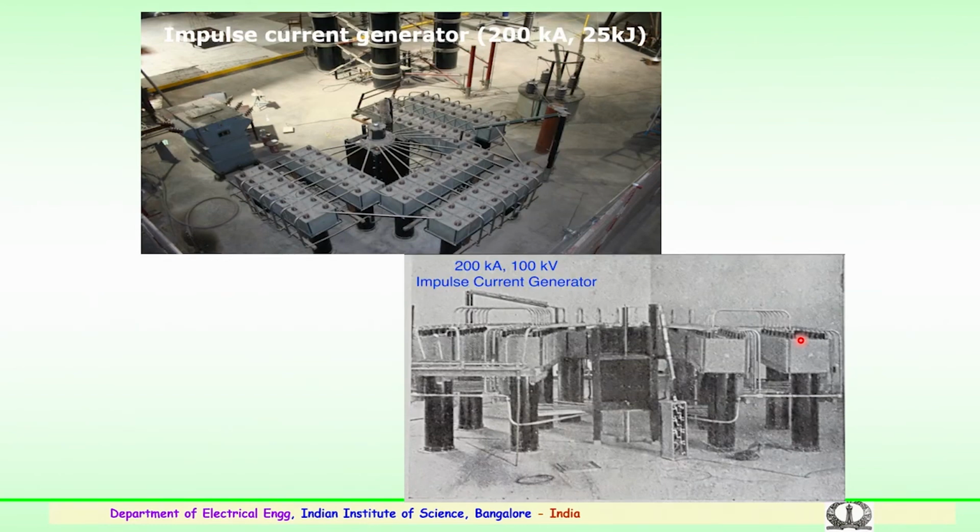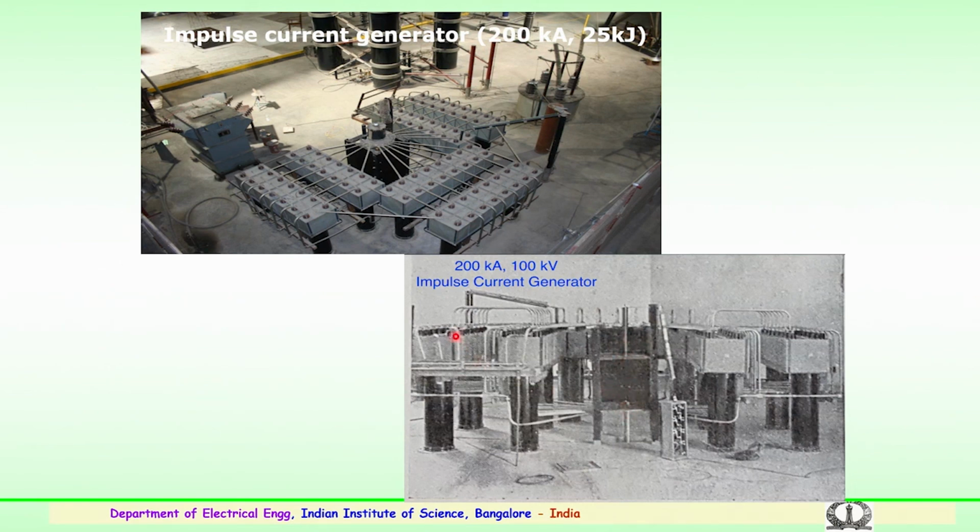This shows the number of capacitors available in the laboratory. We have a U type of arrangement to reduce the inductance, basically to generate very high currents. You have 48 capacitors kept in parallel, and all these capacitors are discharged in parallel through a three electrode gap mechanism, somewhere here, and the test object is placed here.